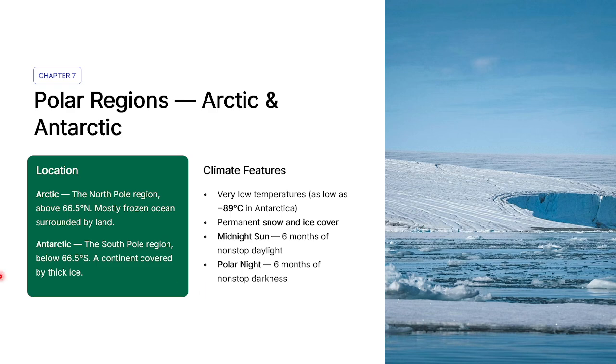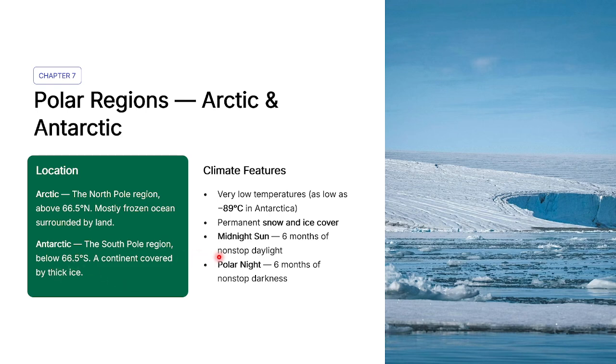Polar regions, Arctic and Antarctic. The Arctic, the north pole region, is above 66.5 degrees north, mostly frozen ocean surrounded by land. Then the Antarctic, the south pole region, is below 66.5 degrees south, a continent covered in thick ice.